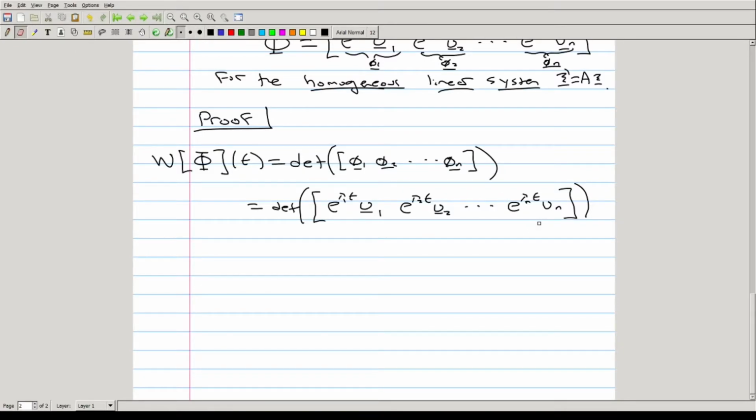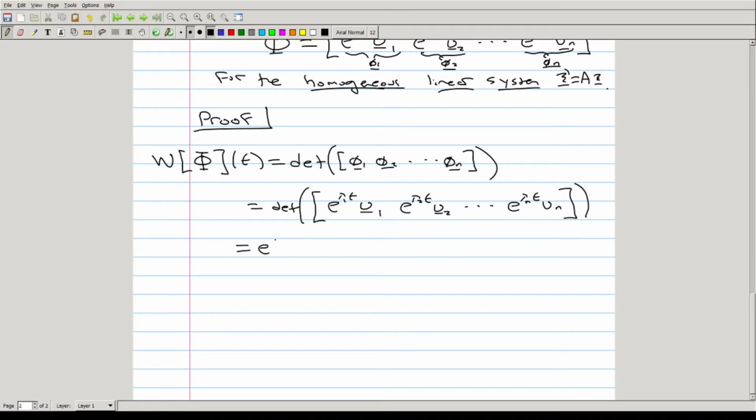And one of the major properties of determinants from linear algebra is that if you have a multiplicative constant in one of the columns of the matrix you're taking the determinant of, that will come out of the determinant as a multiplicative constant on the entire determinant. So we can do this for each one of the columns.